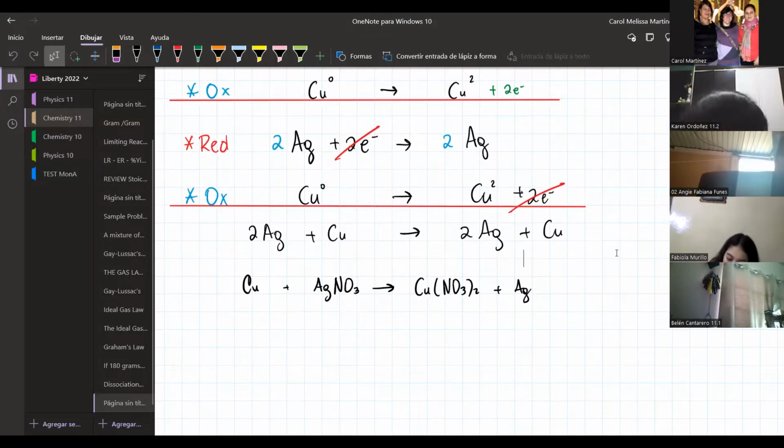So list the elements: copper and silver are metallic elements, then non-metals, and hydrogen and oxygen in the last step. We don't have hydrogen, but we have oxygen. Silver has 2 as a coefficient, so I'm going to put it here. This other silver, also 2, so I need to put it here too. Then I will see: copper is 1 on each side.